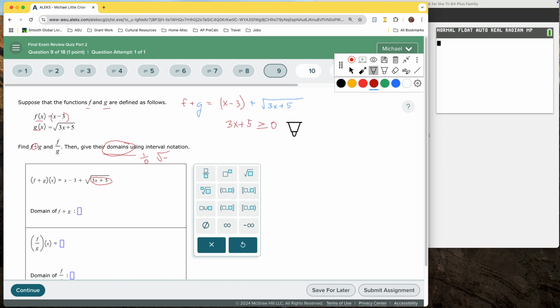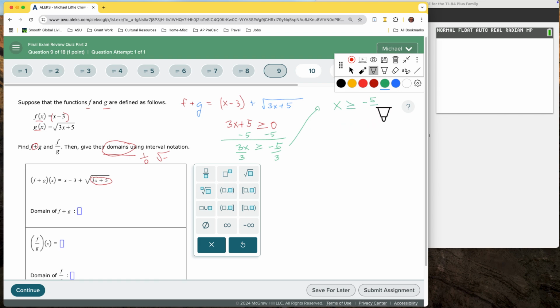That's the definition of non-negative. So now we solve for x. Minus 5. 3x is greater than or equal to negative 5. We divide both sides by 3. Then we get x is greater than or equal to negative 5/3.